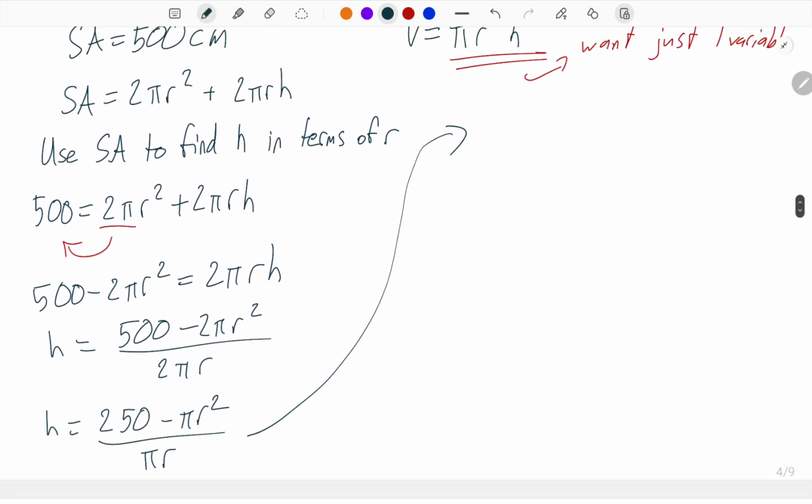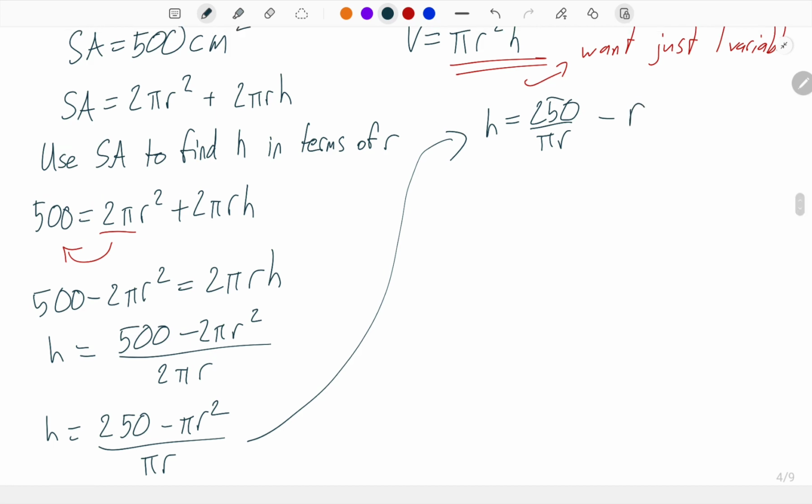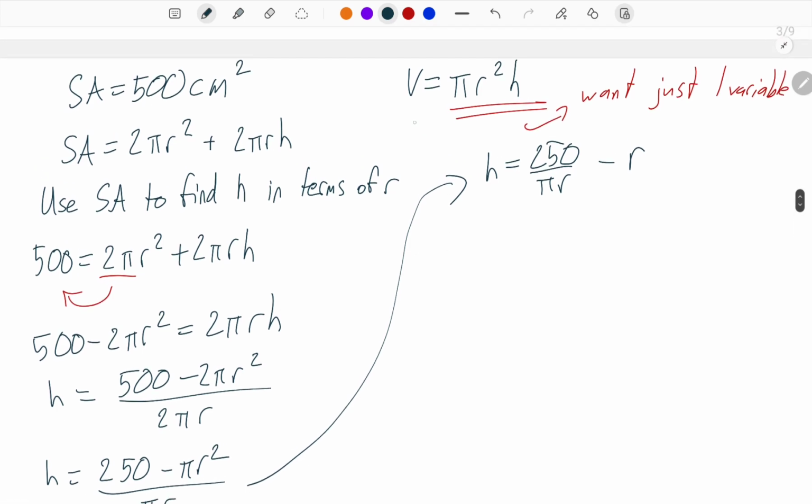So 250 over pi r. That might make things a little simpler. Minus pi r squared over pi r, which would just become r. Okay, so we have our height in terms of our radius.